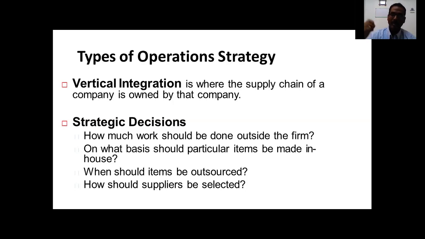The same business can also own the chain of channels through which the product is taken from the business to the customers. They themselves can become the distributor. So that is vertical integration. This is an expansion strategy, a business expansion strategy.